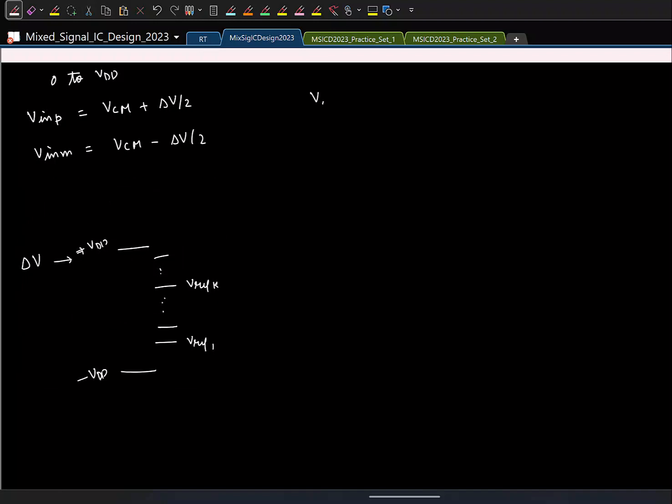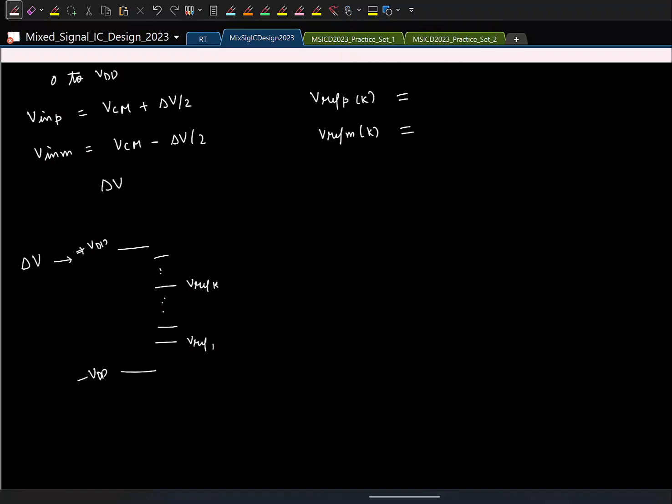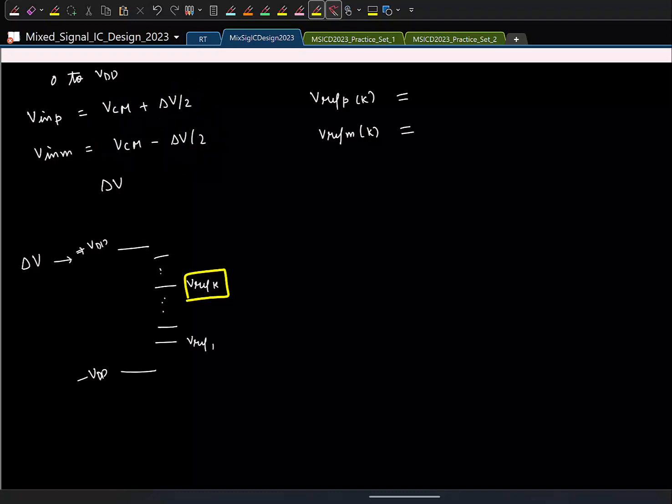So we'll have VREF positive for the kth reference and VREF minus for the kth reference. So how do you think I'll feed these guys? If I had a differential input delta V, I was giving the positive and negative inputs like this. Let's say I have a differential reference VREF K. How will I convert it to individual stuff?